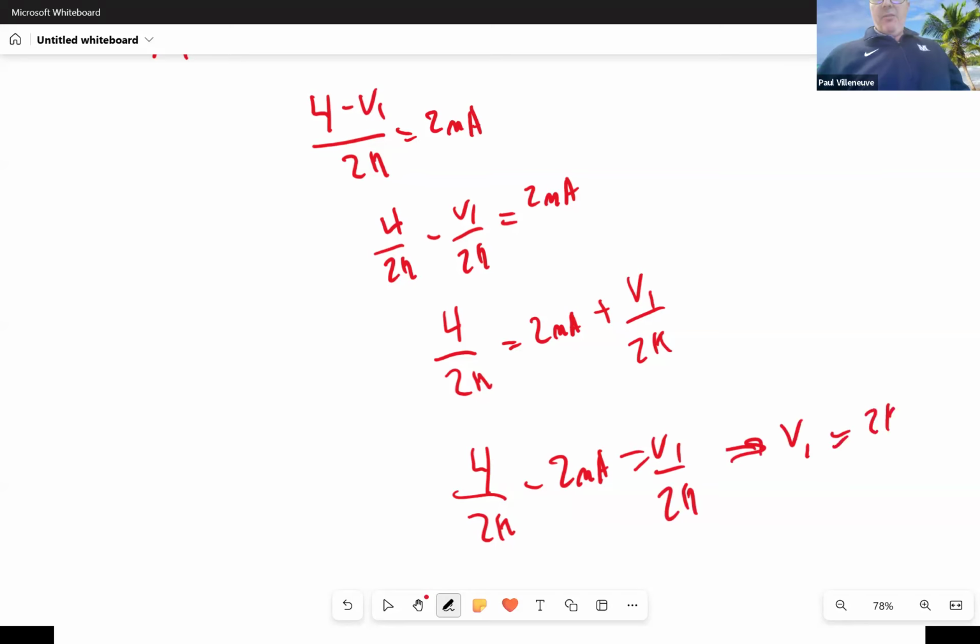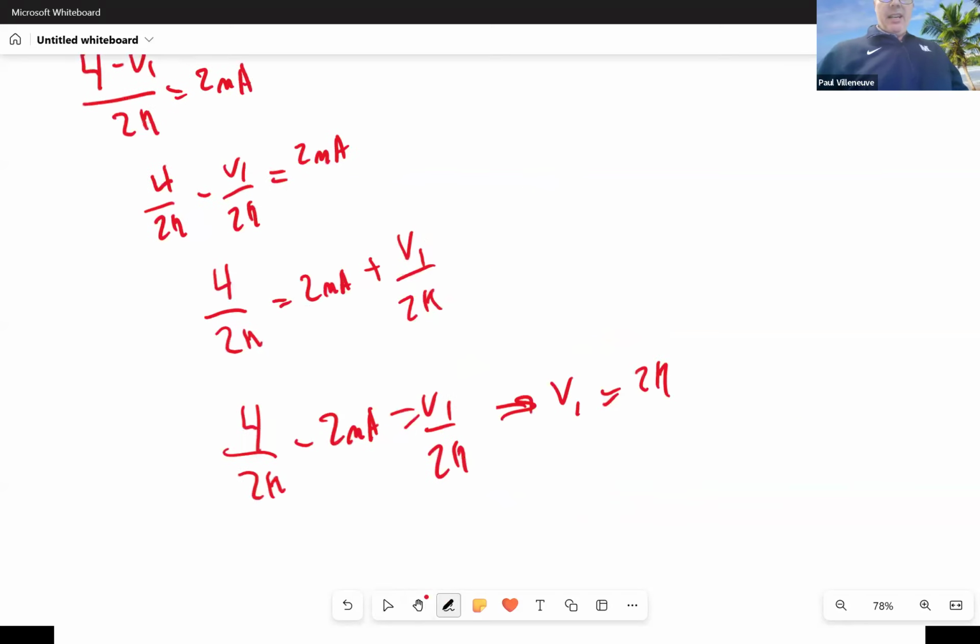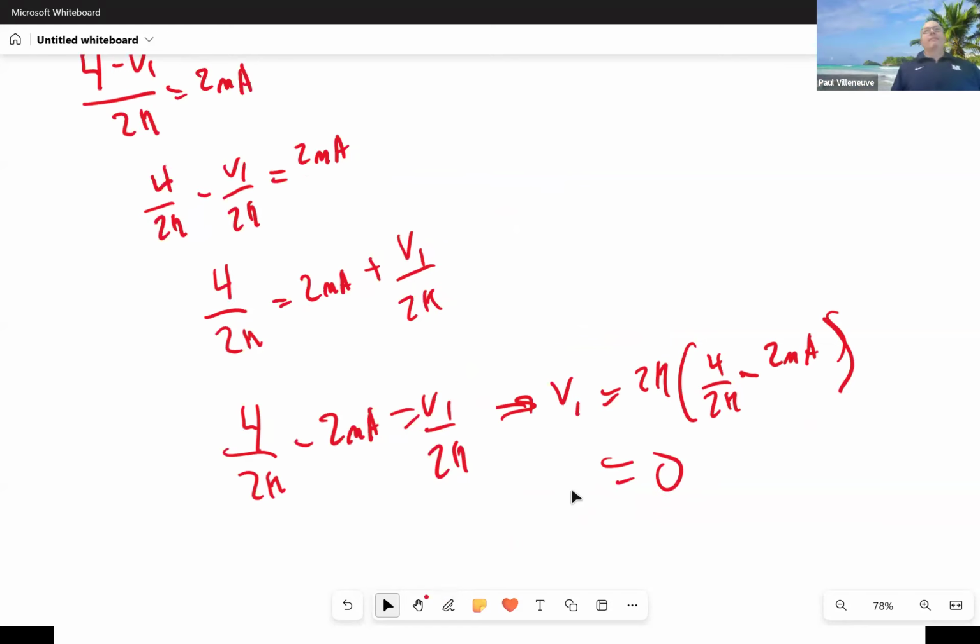V1 equals 2K times 4 over 2K minus 2 milliamps, right? I have that correct? 0. 0. So what's wrong with this approach? I think that the source is 2 amps, isn't it? Not 2 milliamps.